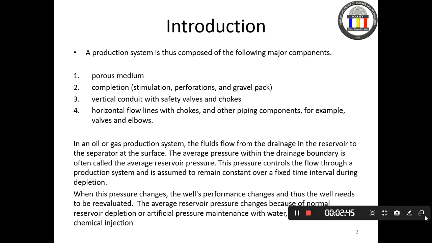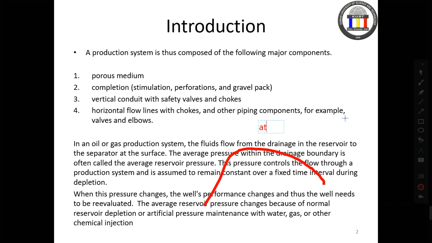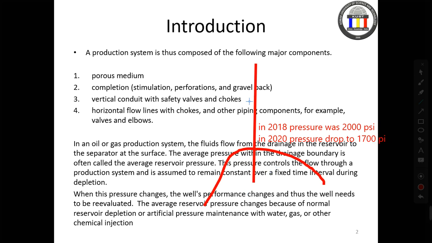So over time, for example, if the initial pressure in 2018 was 2000 psi, but in 2020 the pressure dropped to 1700 psi, then when the reservoir pressure drops from 2000 psi to 1700 psi, everything has to be reevaluated.